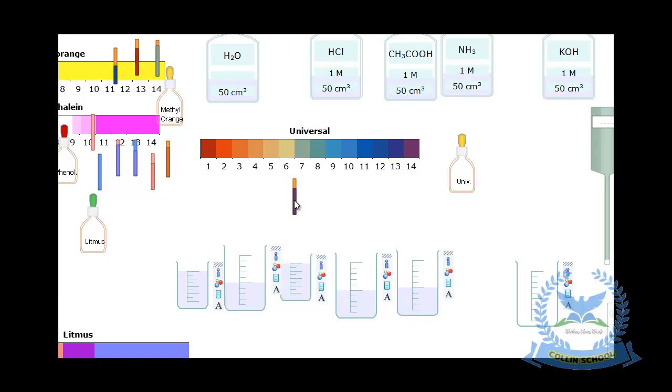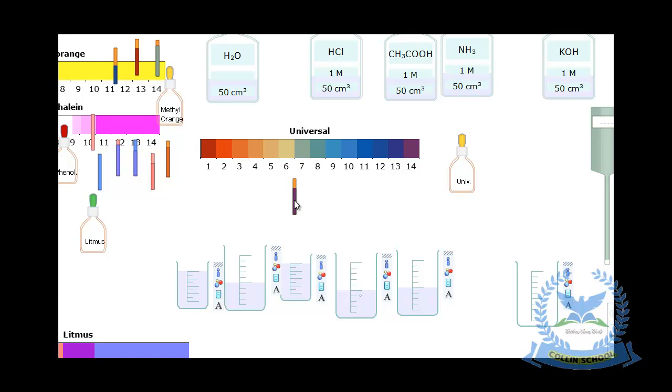We've seen that litmus solution is purple in a neutral substance, it retains its color, which is purple. It turns red in an acid, and it turns blue in a base.